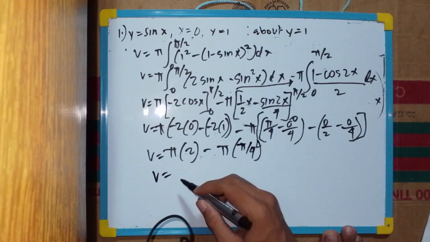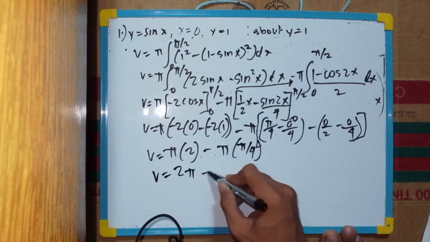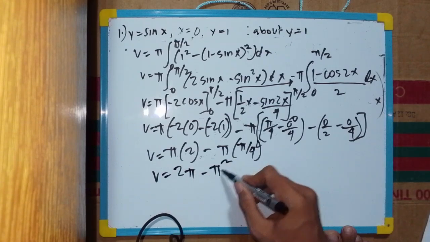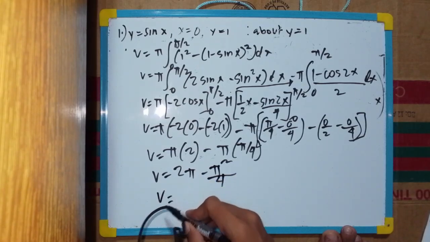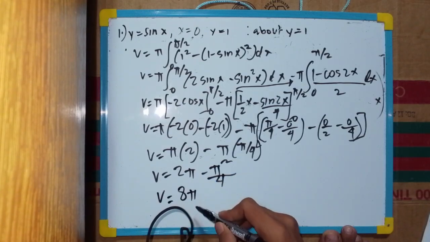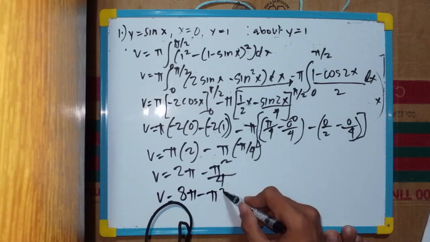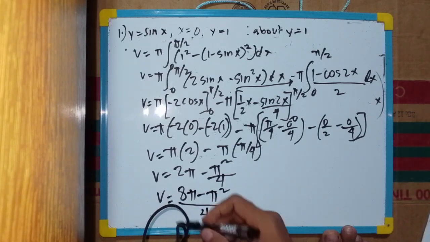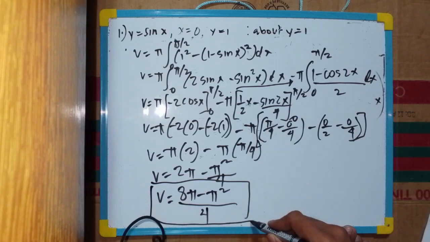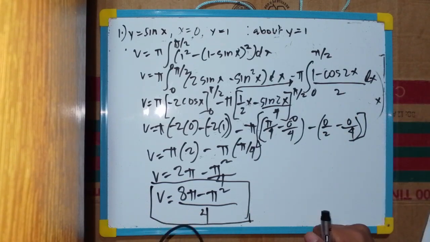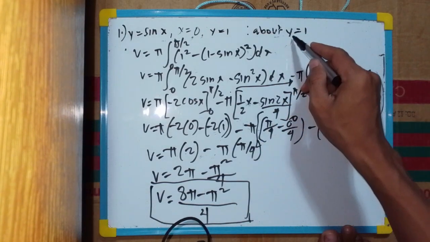So the volume is 2 pi minus pi squared over 4, or (8 pi minus pi squared) over 4. So this is the volume of the solid generated by revolving around y equals 1.